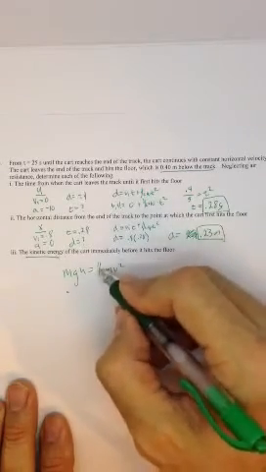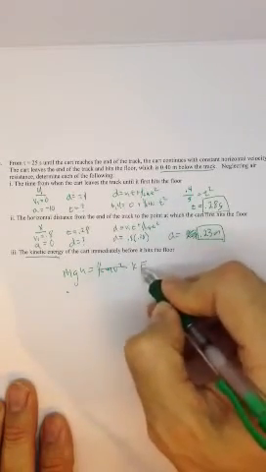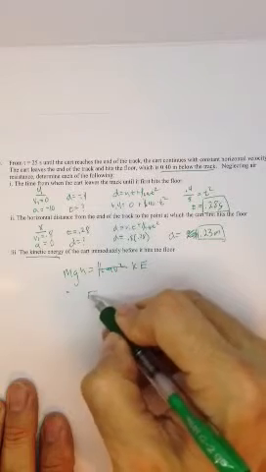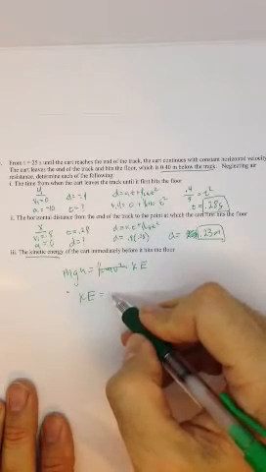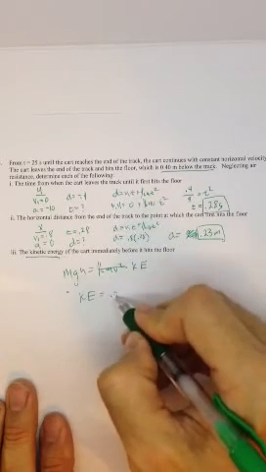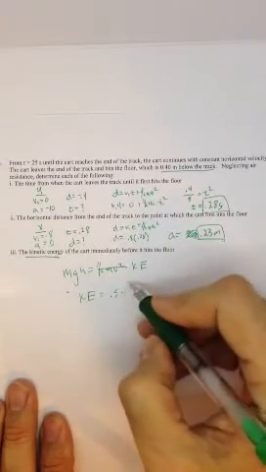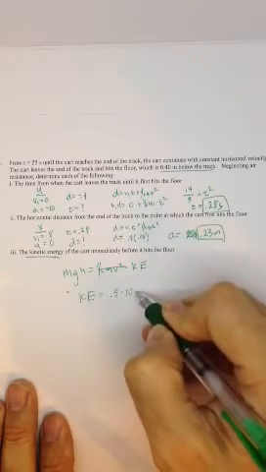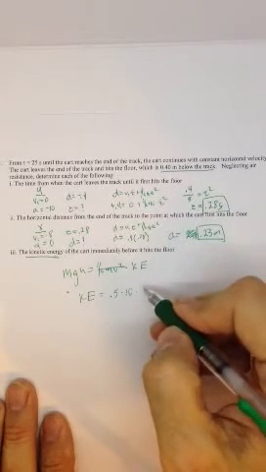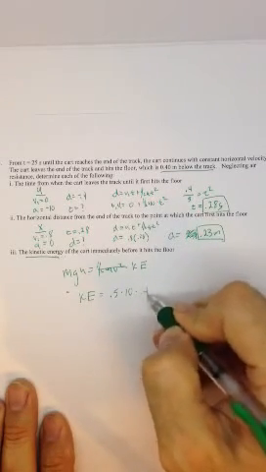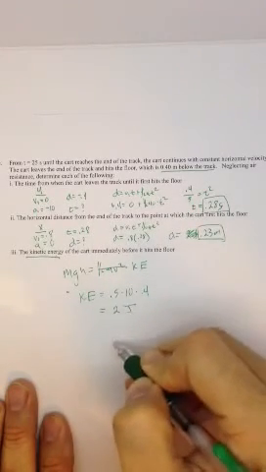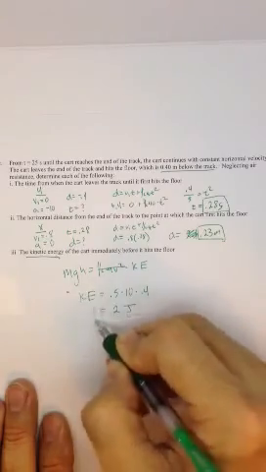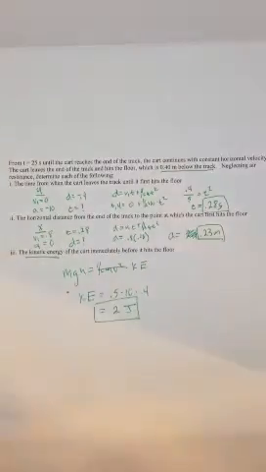So instead of putting that, I'm just going to put kinetic energy, and all I have to do is say kinetic energy equals the mass, which is 0.5, times g, which is 10, times the height, which is 0.4, and I get 2 joules. Pretty easy. And I'm done.